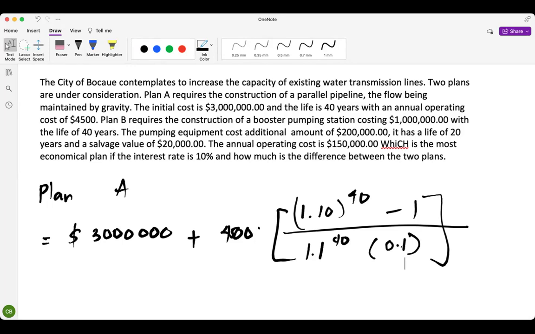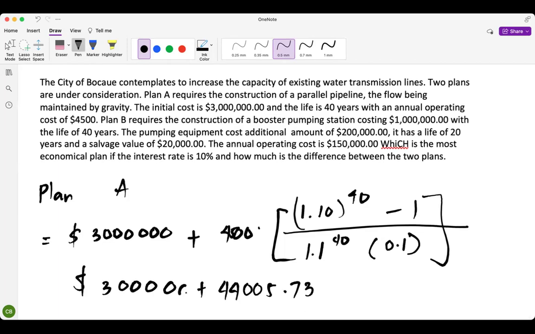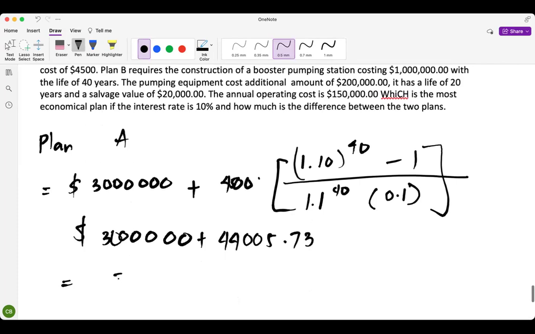That would be 44,005.73, plus $3 million, which is $3,044,005.73.